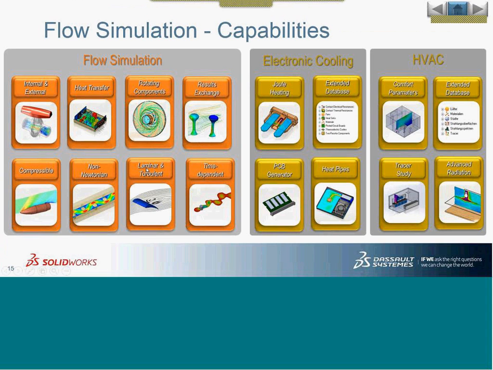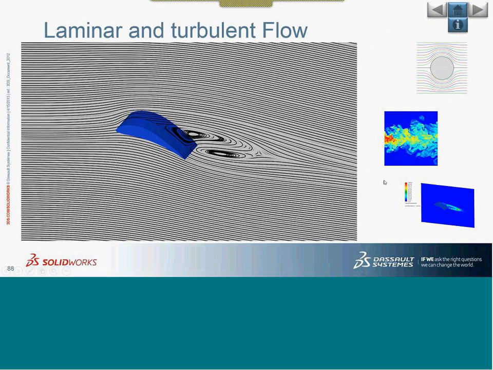Third could be laminar and turbulent. Typically a huge number of examples will end up having turbulent flow. And of course, in many software, it is a very complex task to set up a turbulent analysis and select an appropriate model for setting turbulence. But in our software, we have a simple, straightforward approach.